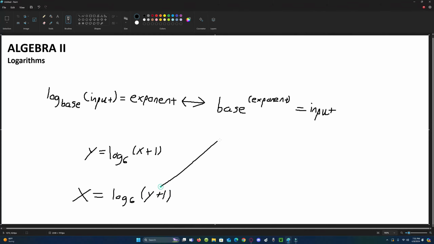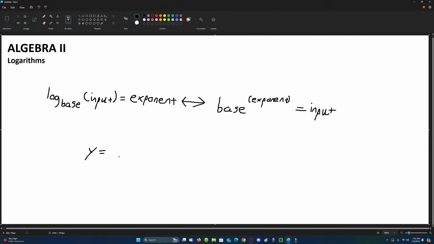And then we just switch it to this format again. So then we have the base of 6, and then we have x as the exponent. So 6 to the x power then equals y plus 1. And then from here, all we do is subtract the 1. So that would just be 6 to the x minus 1 equals y. And that would just be that.